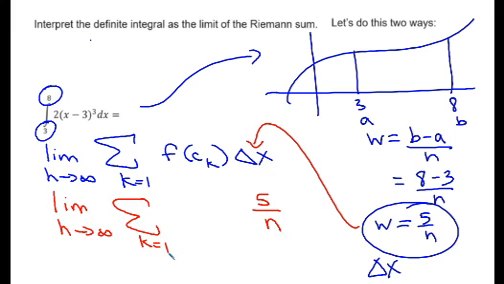All right? And now I put the function in right here. So I'm going to have 2 times x minus 3, the quantity cubed.